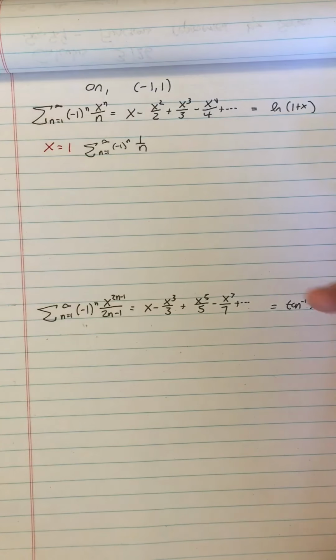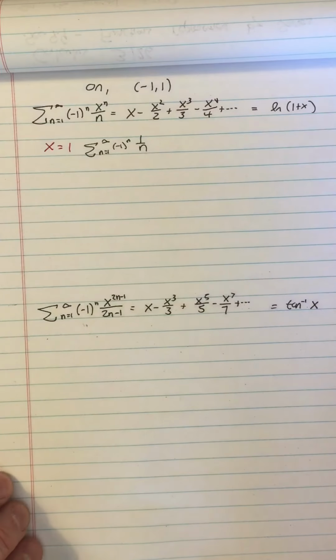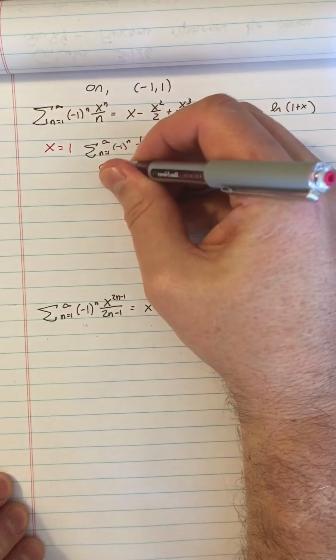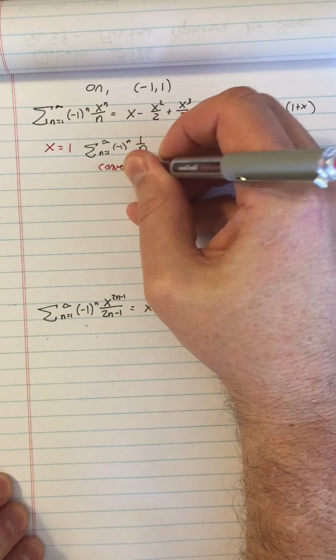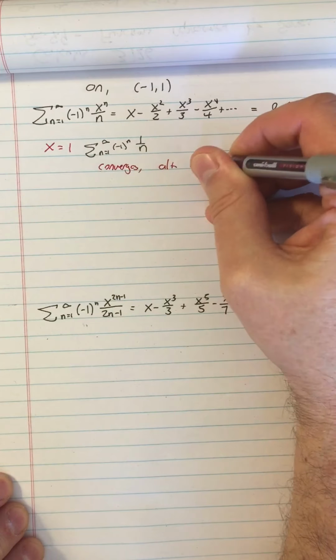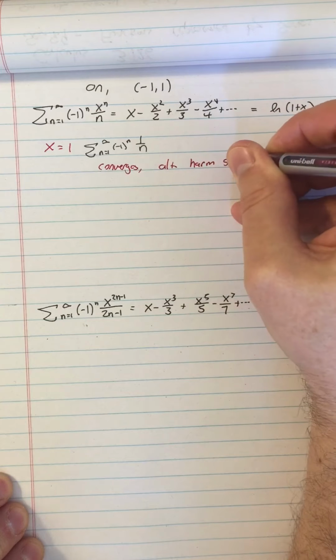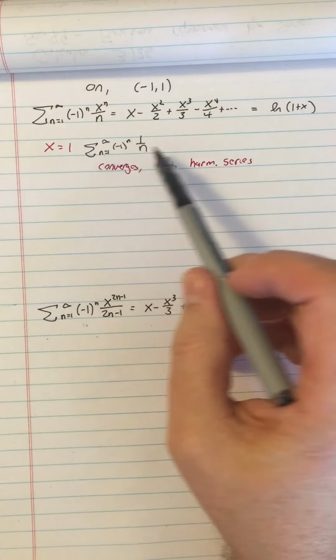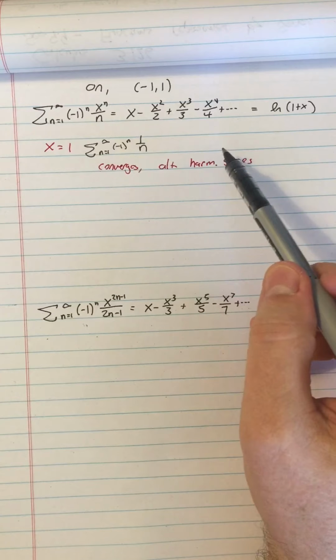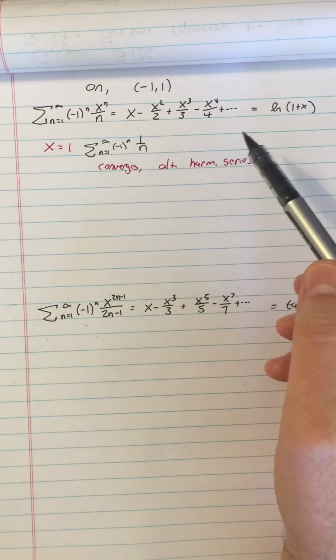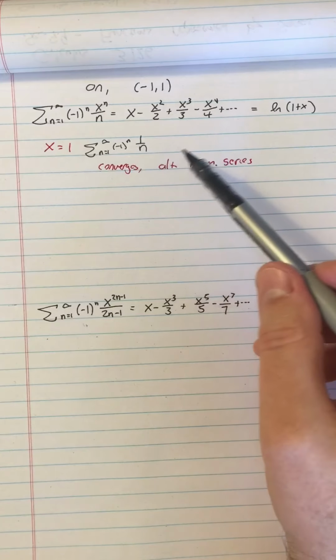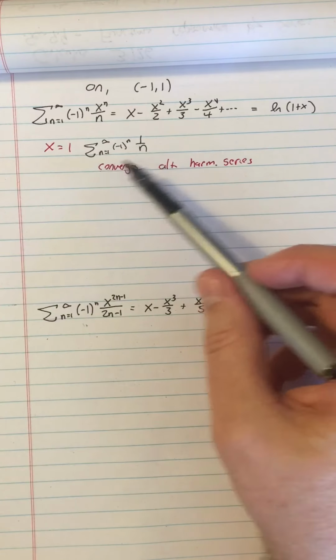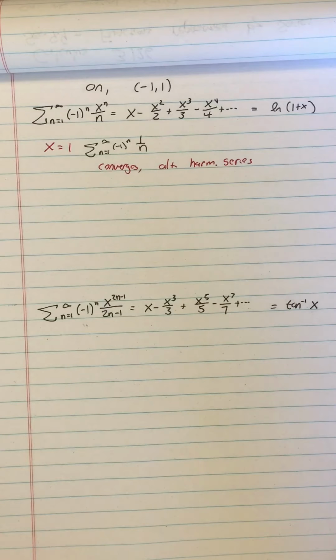All right, but that converges because it's the alternating harmonic series. You can also say it converges by the alternating series test. This is an alternating series. It's decreasing, the 1 over n is decreasing, and the limit as n approaches infinity of 1 over n is 0. So this series converges by the alternating series test.